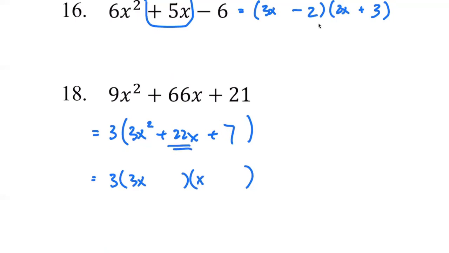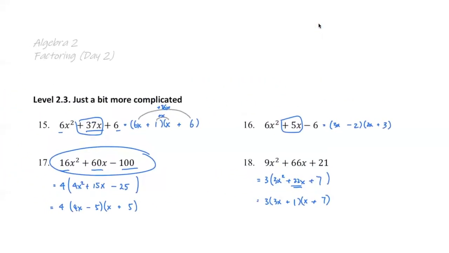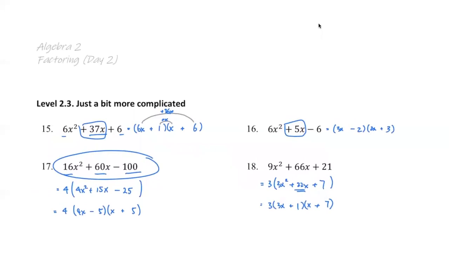The fact that it is 22x really got me wondering, and that's going to be it, because when you do the outer, you get 21x, and when you do the inner, you get x. So 21x and x is how you get 22x. So for number 18, that's it. Simple factoring like this, and then we're done.